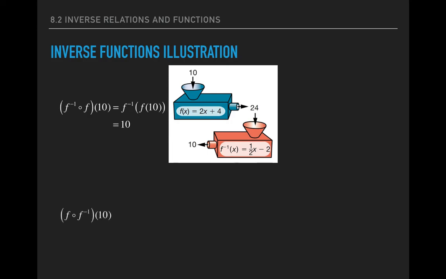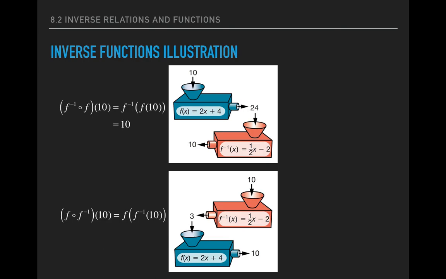It works the same if you take the function f and compose it with the inverse of function f. That would be the function f of the function f inverse at 10. Graphically, that looks like take 10 and plug it into the inverse of f. So half of 10 is 5, minus 2 gives you 3, and that's the output there. Now 3 is what gets plugged into your f function.